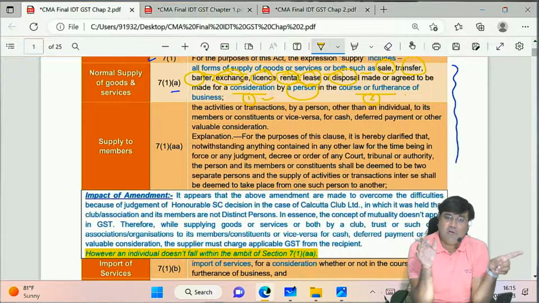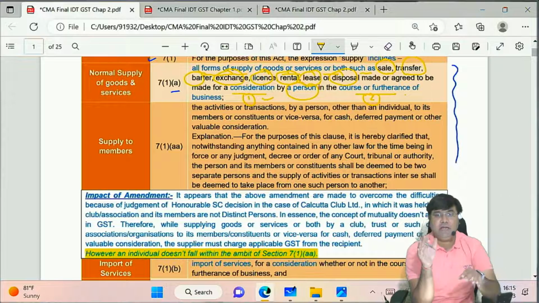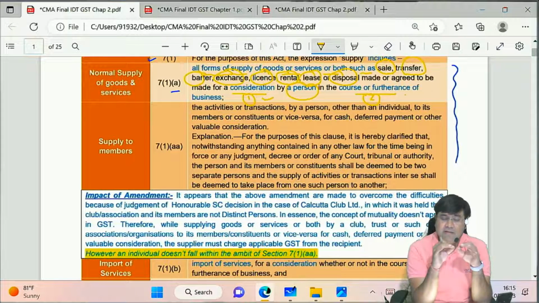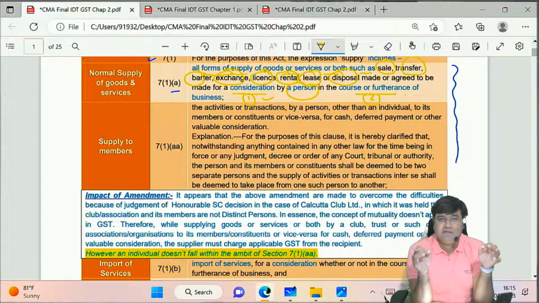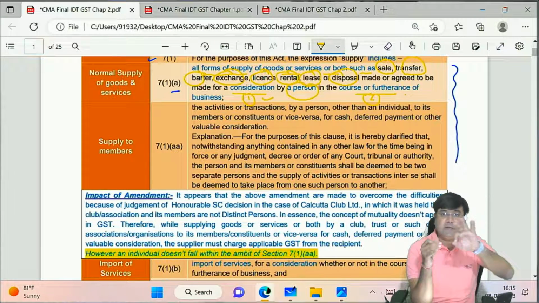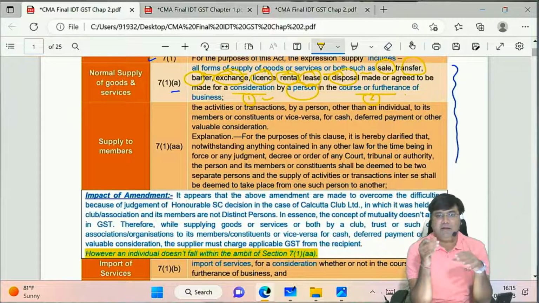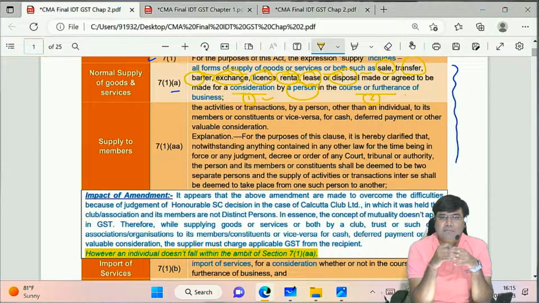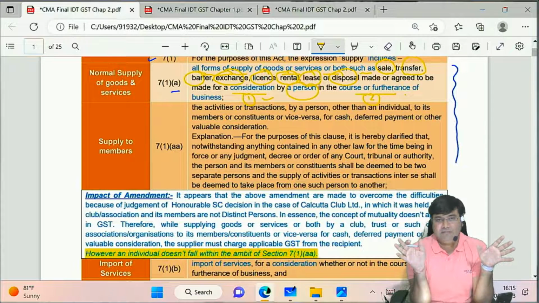I am charging 1 rupee, but consideration is there. That's why it is subject to GST, because Section 7, subsection 1, clause A of the CGST Act does not talk about sufficient or adequate consideration. We just need to see whether consideration is there or not. Consideration may be in money or in kind. The consideration definition itself includes in kind.